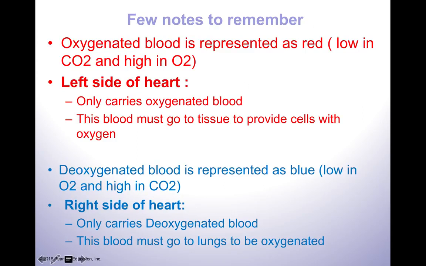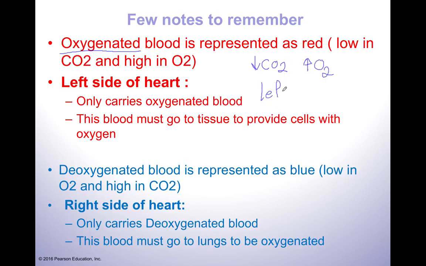So, a few notes to remember. These are extremely important, guys. If you are taking notes as you go, make sure you use your color coding. We're going to use two main colors. One is red, and red always represents oxygenated blood, which means low CO2 and high O2 concentration.